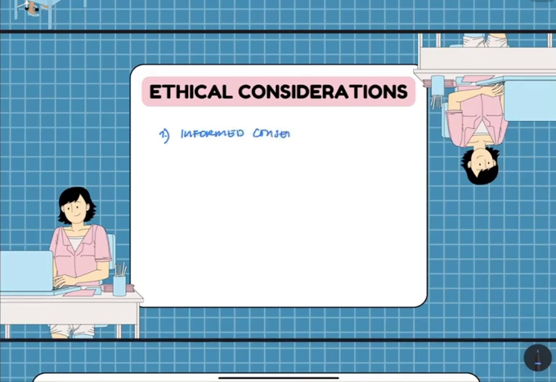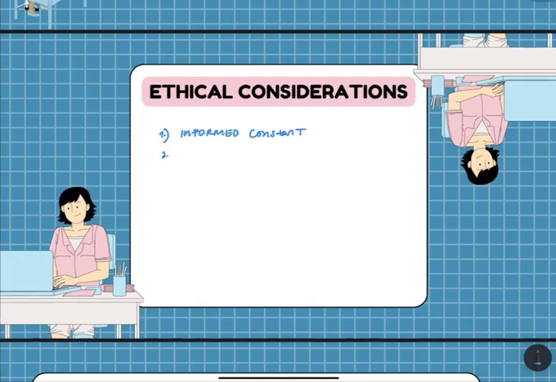This is the basic ethical consideration. Why? Because your informed consent signifies that the participants voluntarily participate in the data gathering. So there's no coercion. They freely and without any inhibition took part in the data collection.